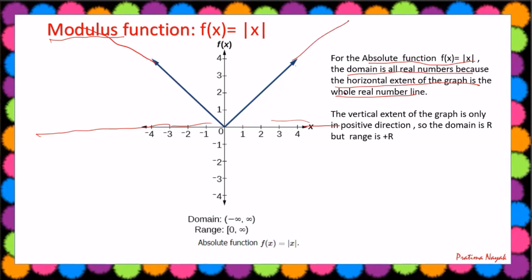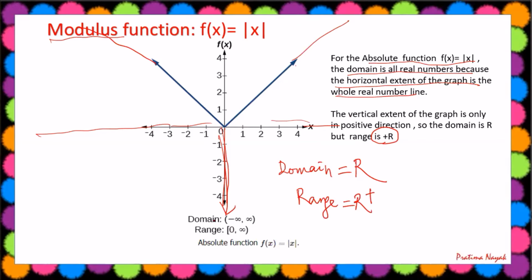But what about the vertical extent? You can see that it is not coming below the x-axis, not the negative y-axis. So the range is only positive real numbers. So the domain of this function is all real numbers and the range is only positive real numbers.